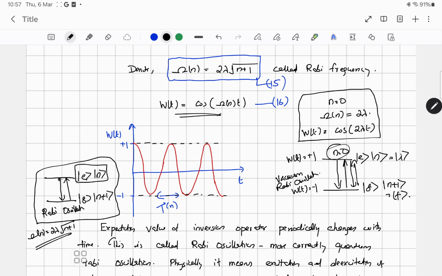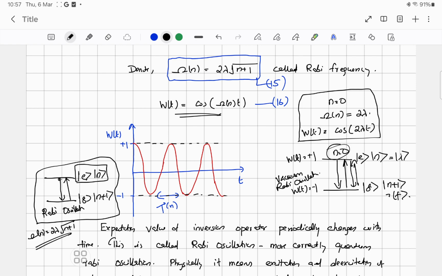So by increasing the number of photons, the Rabi oscillation becomes possible. And what it means by Rabi oscillation is the transition between the excited and the ground state. So there can be spontaneous de-excitation of the atom from the excited state, as well as spontaneous absorption or excitation of the atom from the ground state.